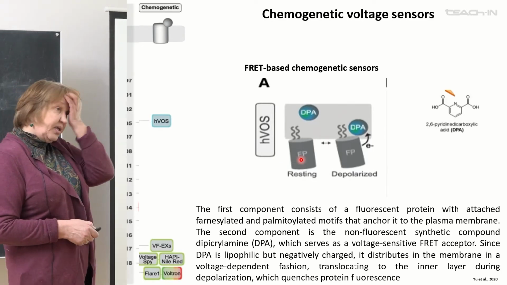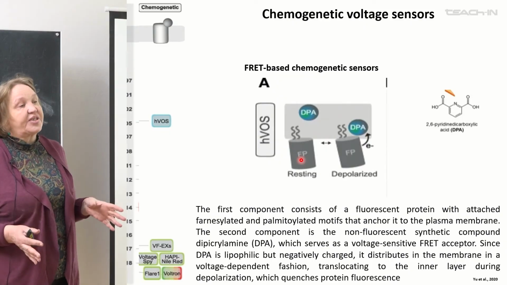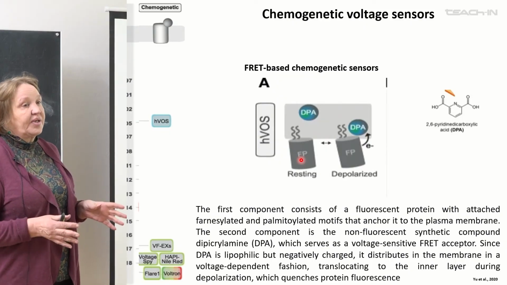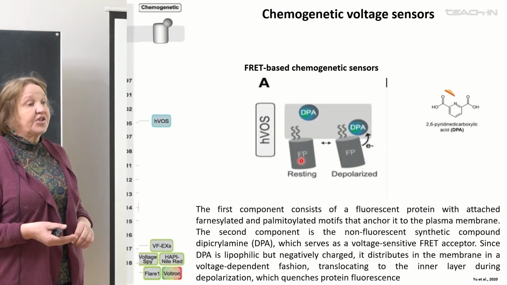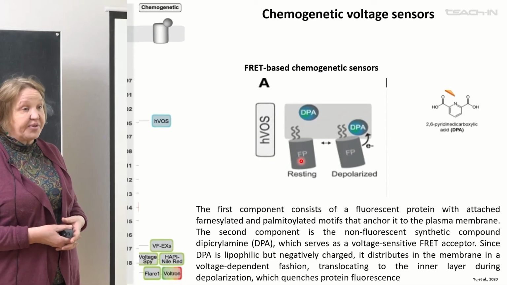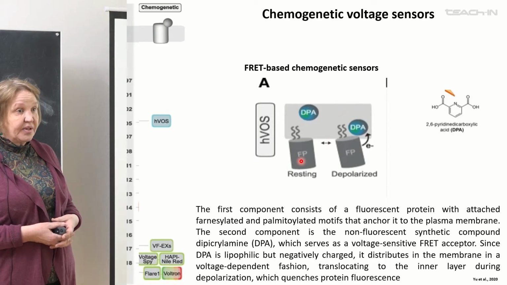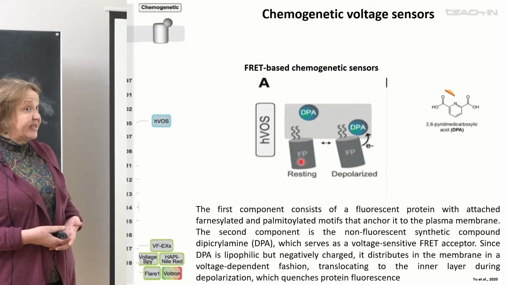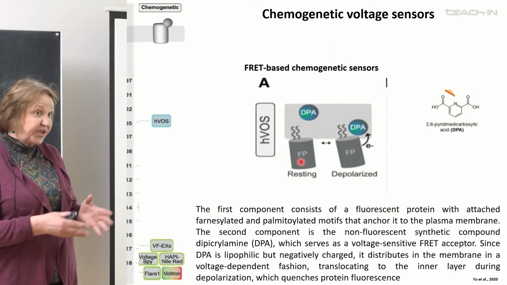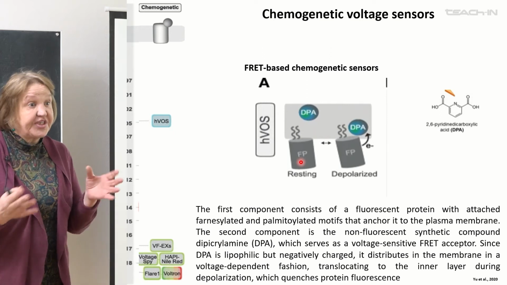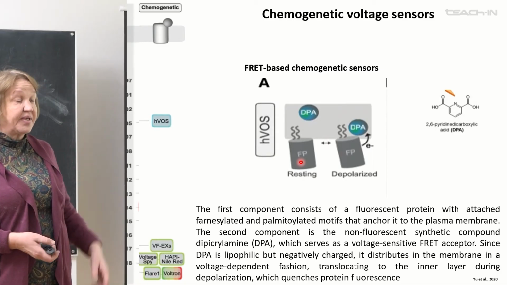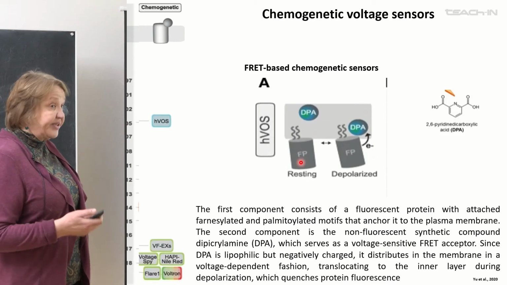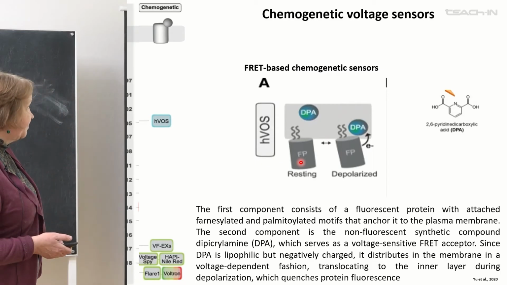And you know, if you measure membrane voltage in patch clamp or electrophysiologically, you can actually put a number to it, all right? But with fluorescent dyes, it's much harder to put a number. You can see decrease or increase, but putting a number on it is slightly more difficult.